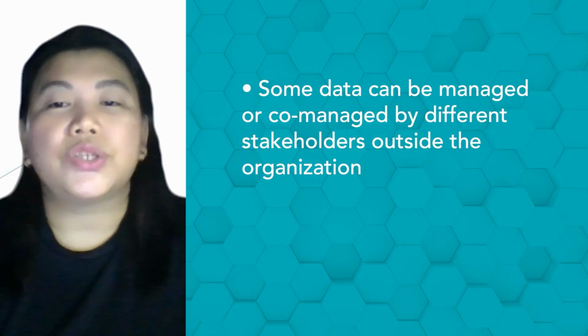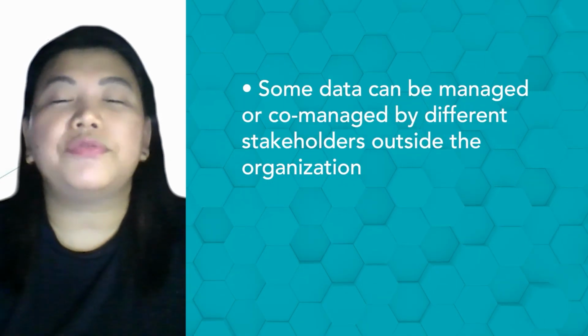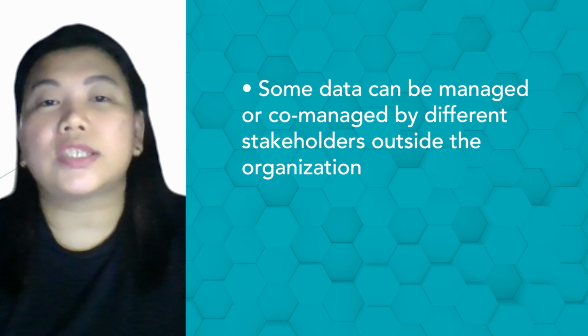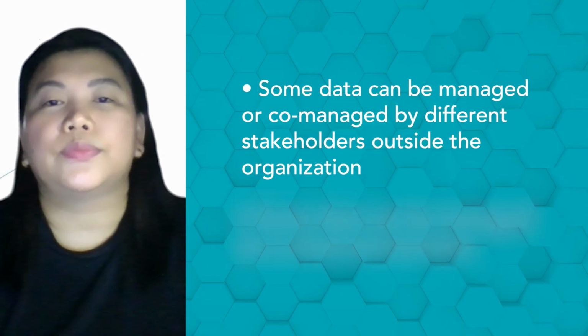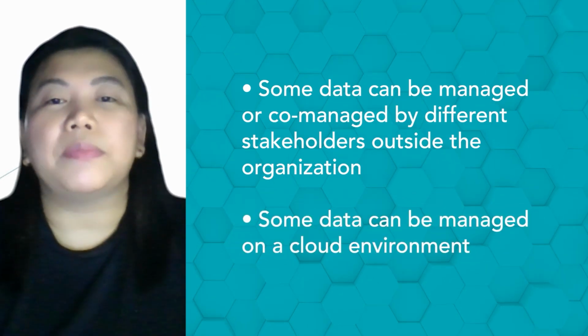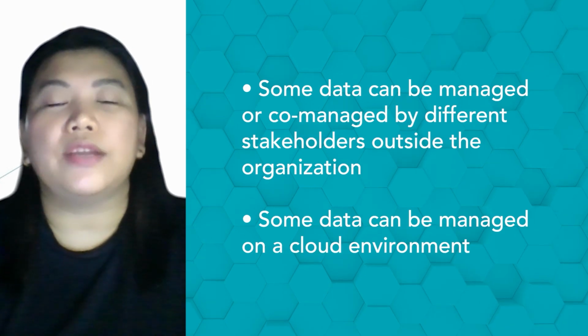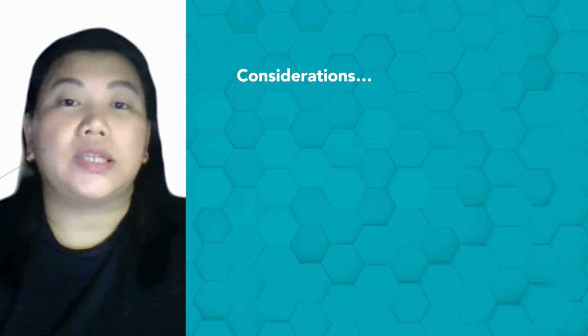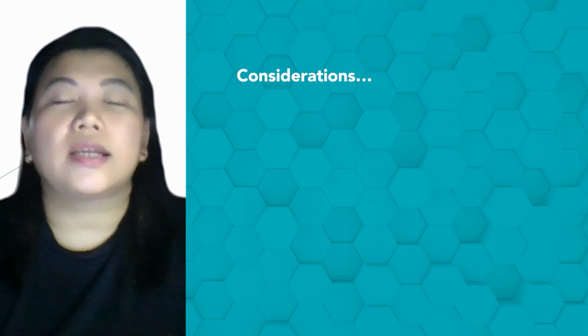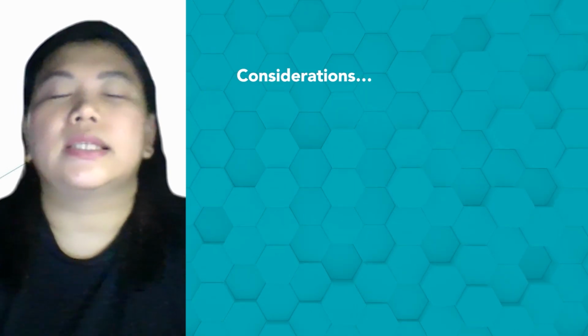Some data can be managed or co-managed by different stakeholders outside the organization. And some data can be managed on a cloud environment. What are the considerations that we need to check on data management policies?